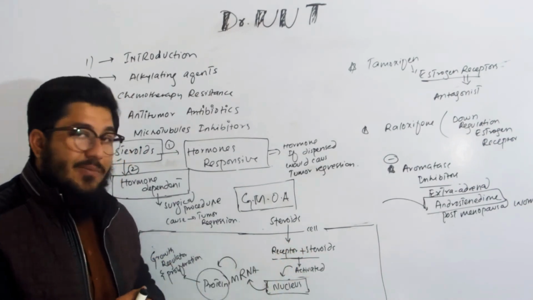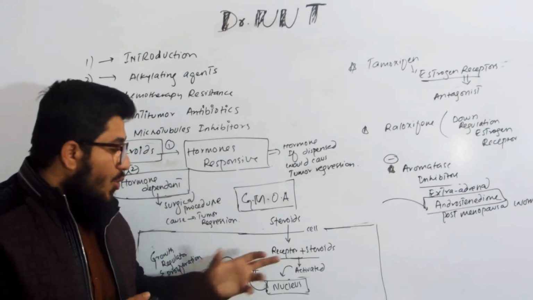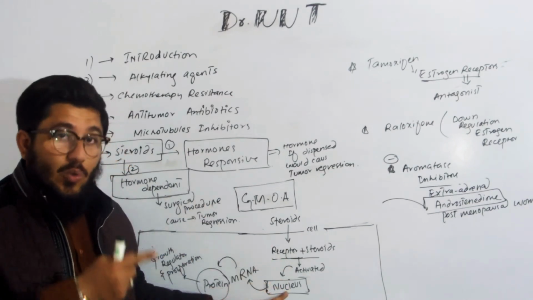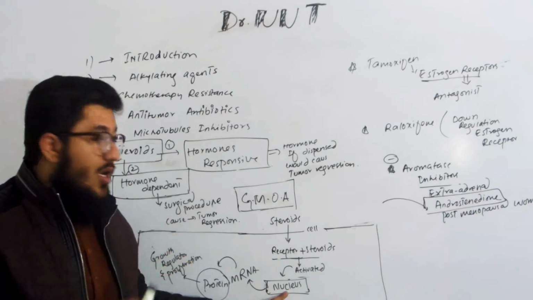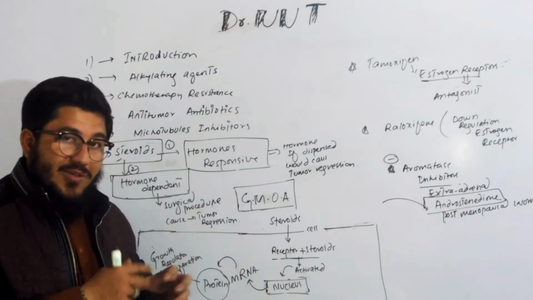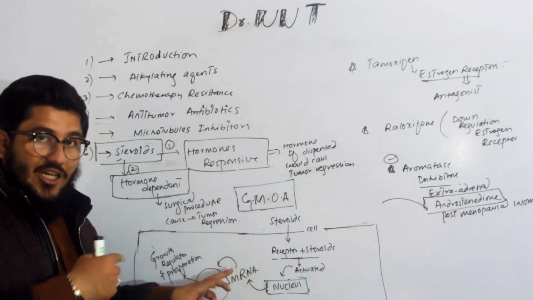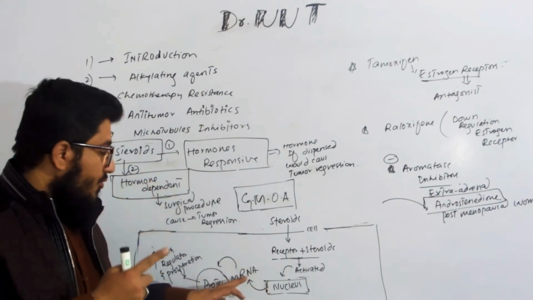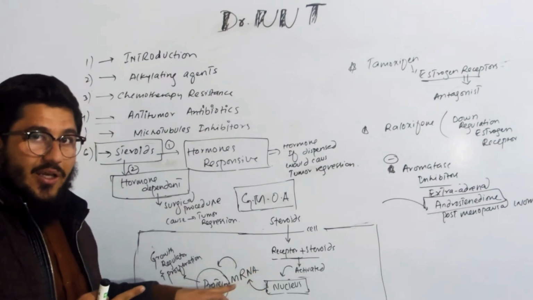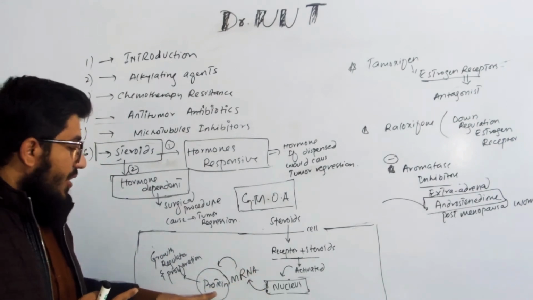This activated receptor with that specific steroid is translocated to the nucleus. Inside the nucleus, a specific gene is directed for transcription and translation to form a protein by means of messenger RNA. Then that protein is formed.